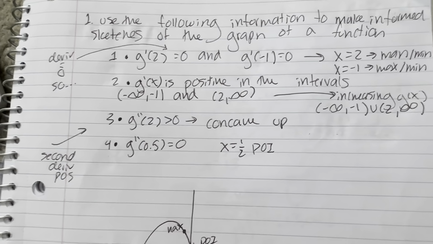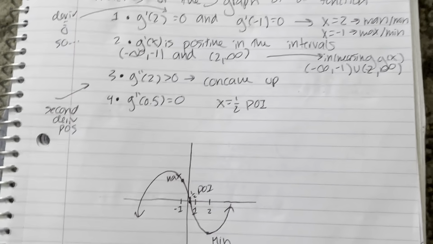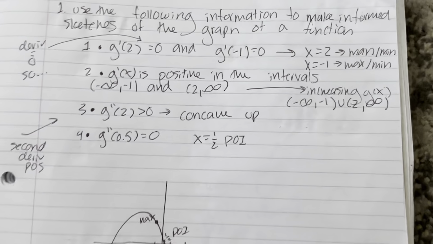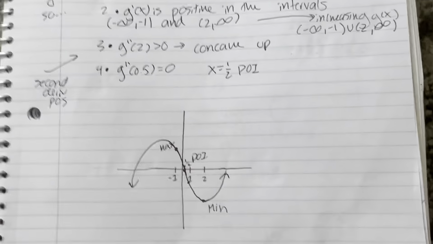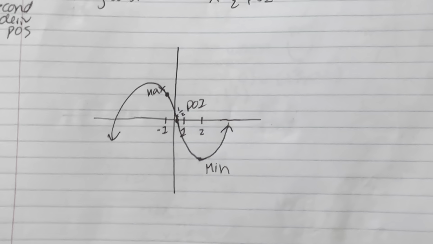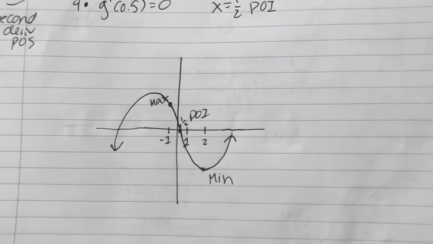Then the fourth clause states that g double prime of 0.5 equals 0, which means that there is another critical point, but this time it is a point of inflection. All of these clauses are satisfied and depicted in this graph, where you can see your point of inflection at x equals negative 1/2.